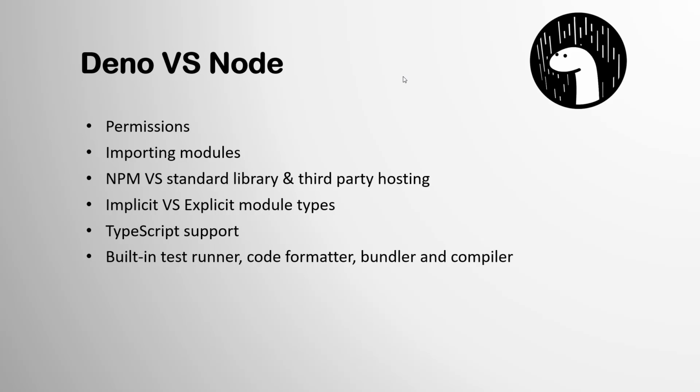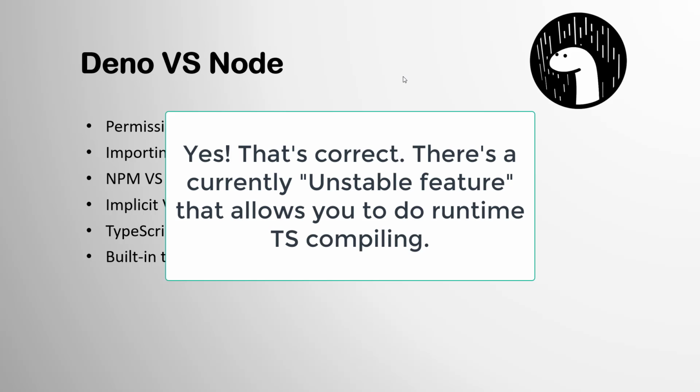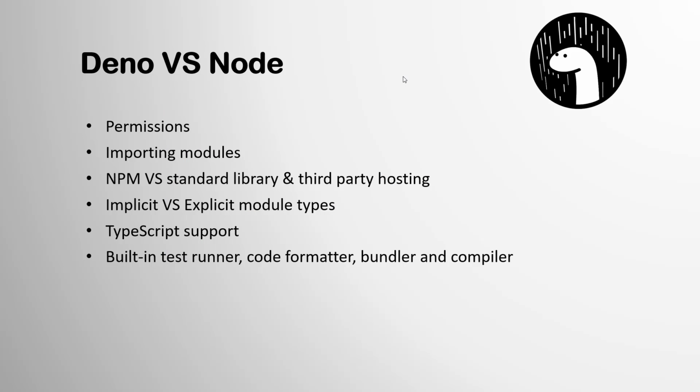Deno has built-in test runners, code formatters, a bundler, and a compiler. The compiler is the TypeScript compiler. It compiles your TypeScript for you at runtime, I mean, whenever you try to bundle something. And again, it has a bundler of its own. You don't need to use Webpack, maybe Babel, maybe Browserify or something like that.